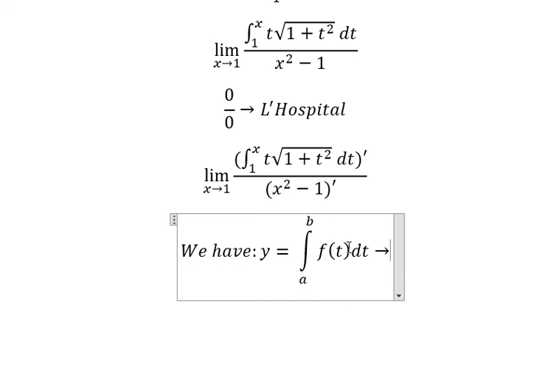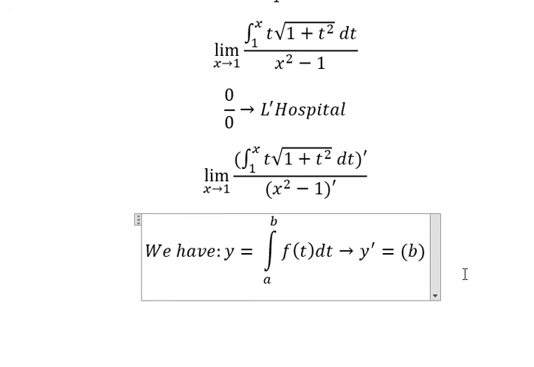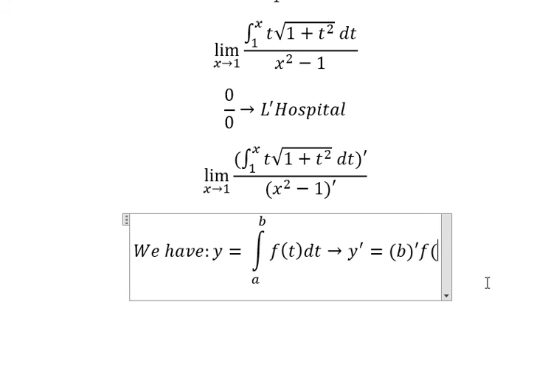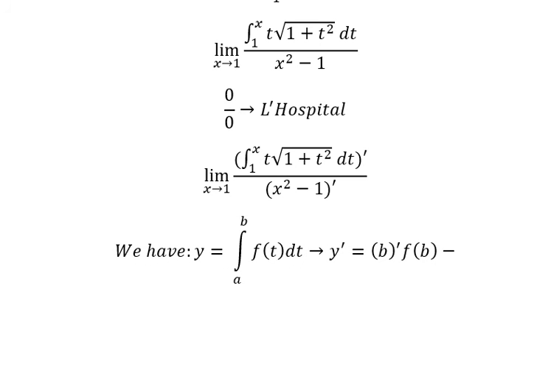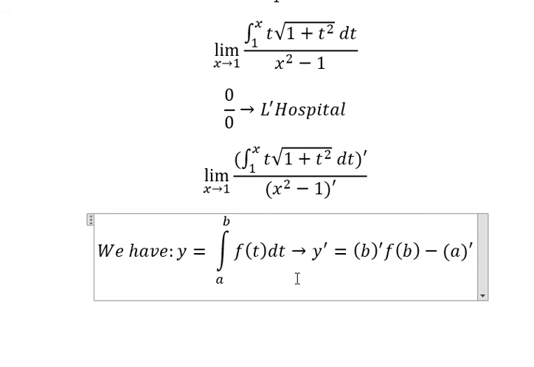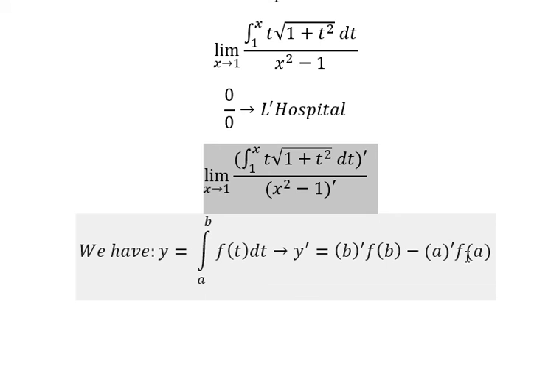So if we do first derivative of this one, we need to do first derivative of b, and the value of b will change for t. Minus, we do first derivative of a, and the value of a we put in here. Now we can apply the formula.